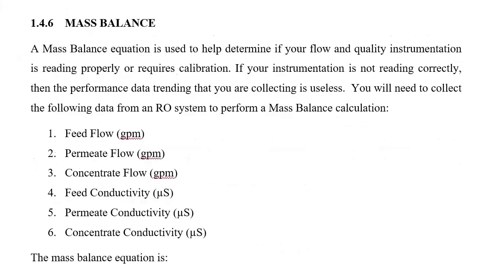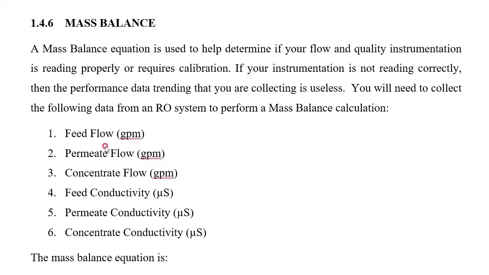Next one is mass balance. This mass balance is an equation. It is used to help us determine if the flow and quality instrumentation is reading properly or if it requires calibration. In the mass balance equation, we have to balance the masses on the left hand side and the right hand side.